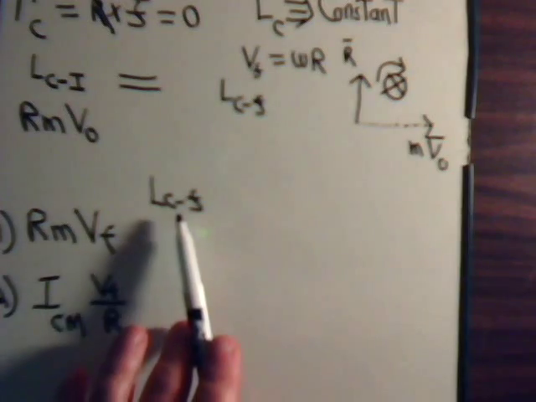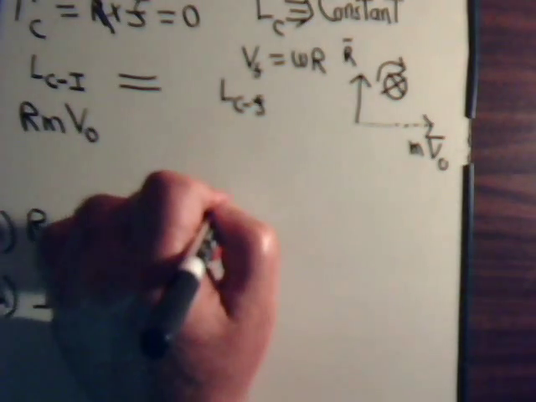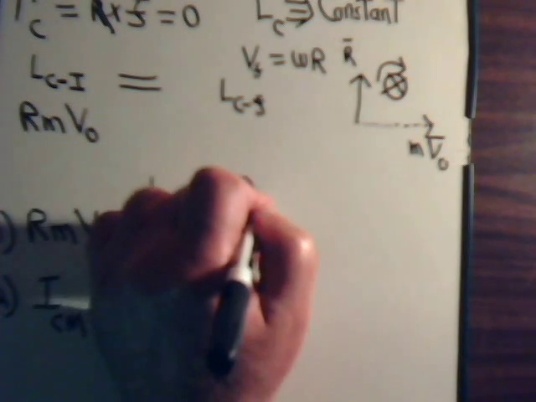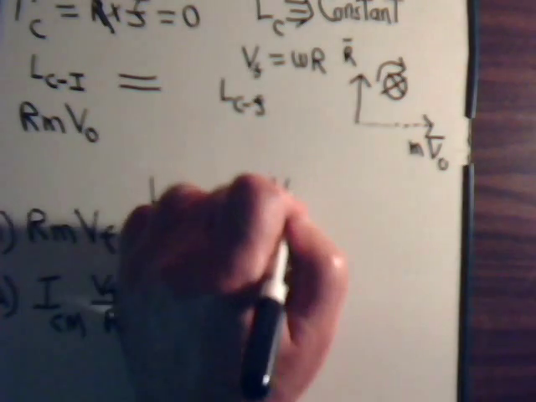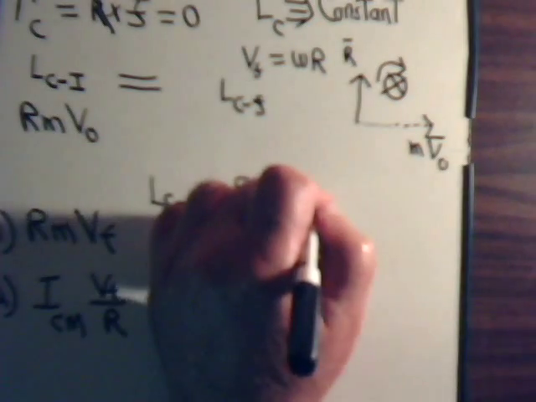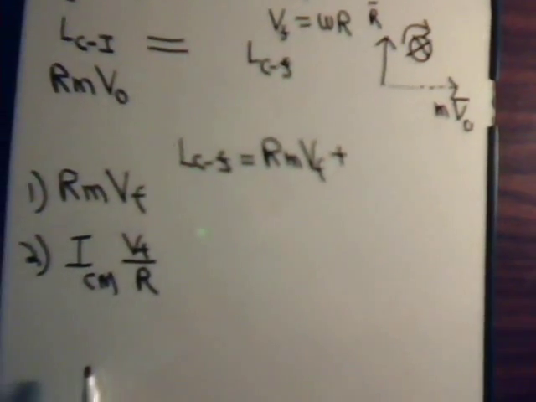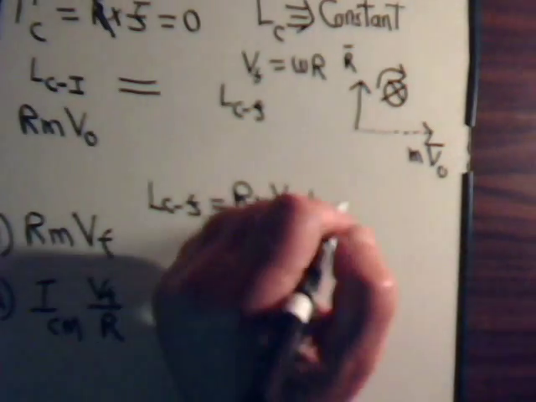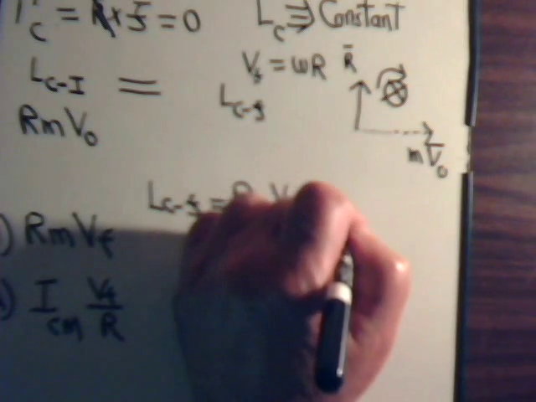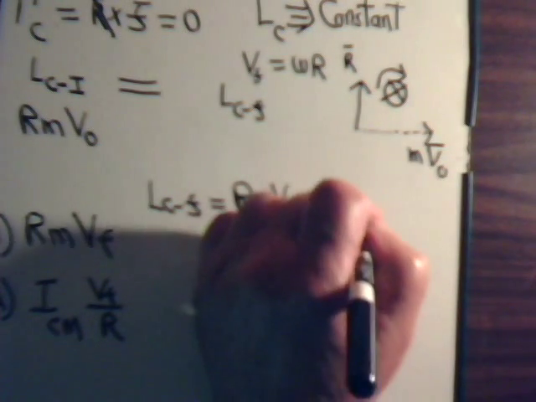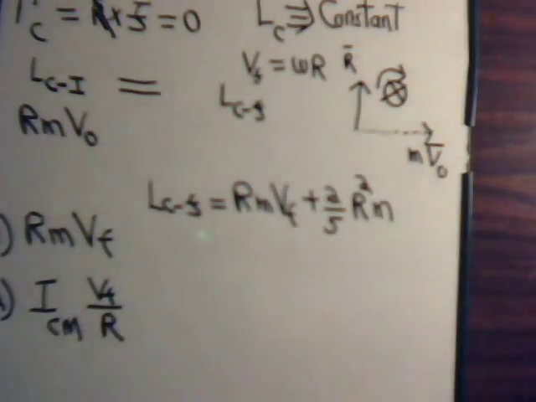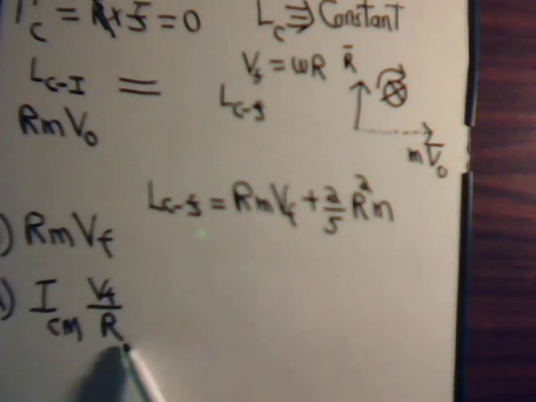So its two components come out to be equal to Rm Vf plus the moment of inertia for a sphere about the center of mass, that is 2/5 r squared m, and then we have V final divided by r.